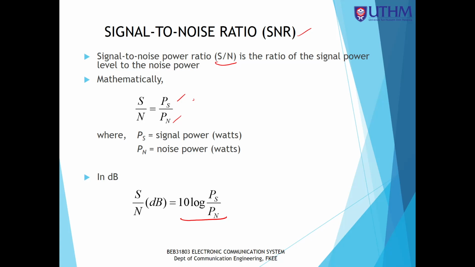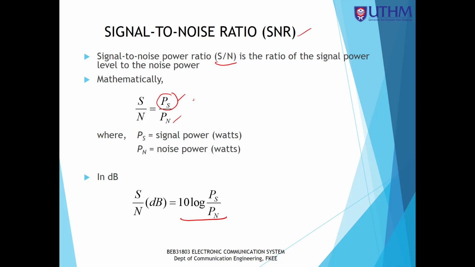Okay, kita inginkan nilai SNR ini sebesar yang mungkin. Why? Because we want this signal power to be much larger than the noise power. Therefore, the higher the SNR value, the better the quality of the transmitted signal.